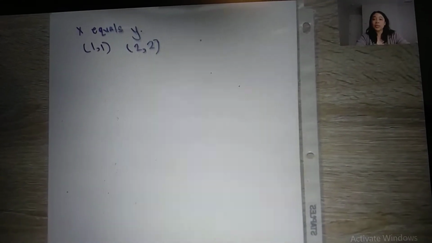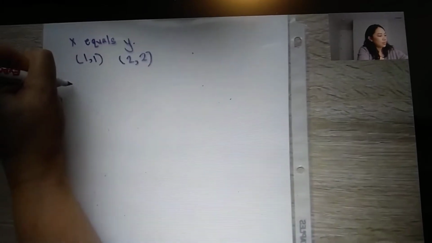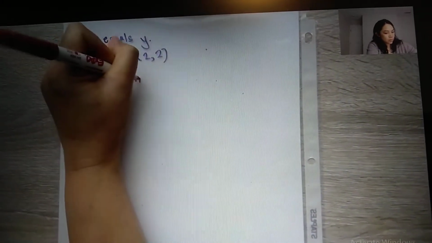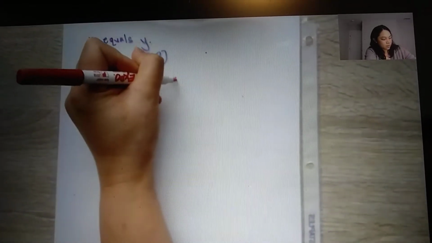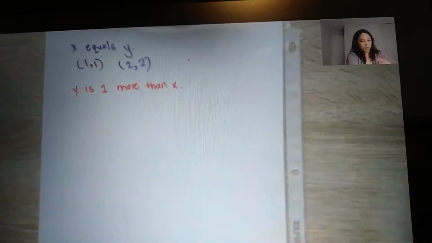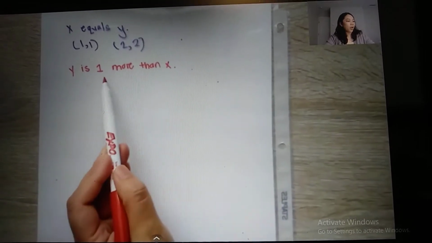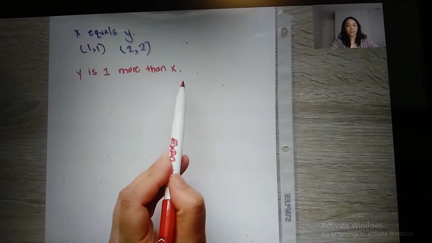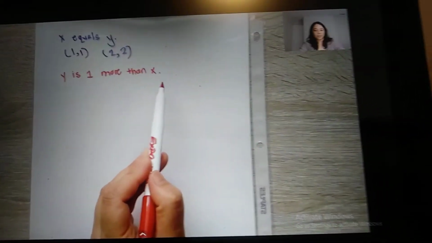This rule describes the relationship between the coordinates of a set of points. Read the rule with me. y is 1 more than x.